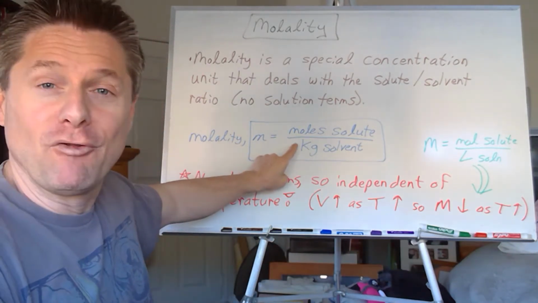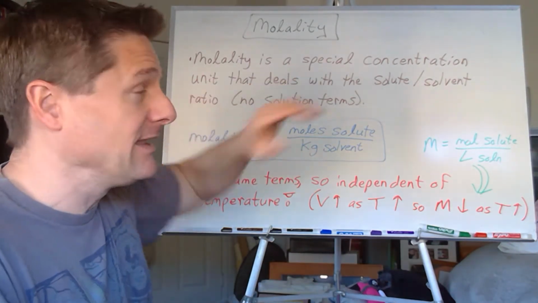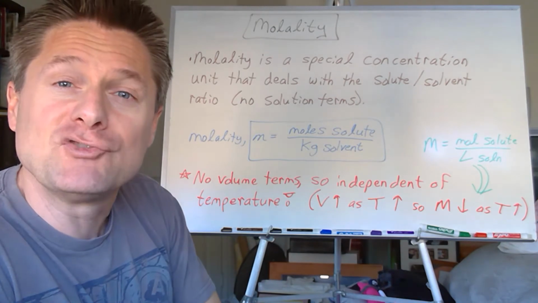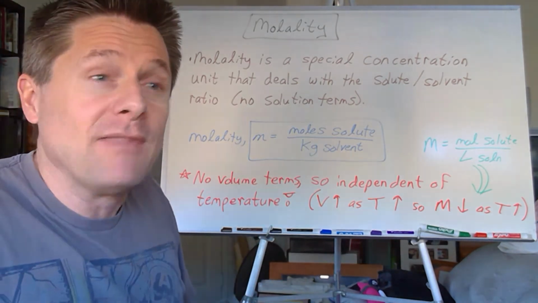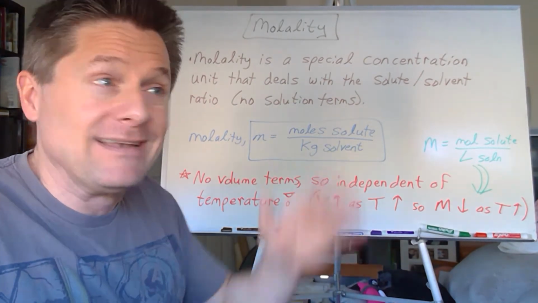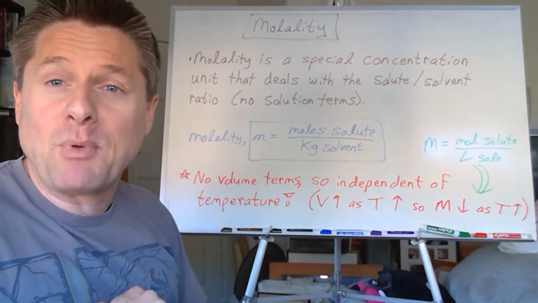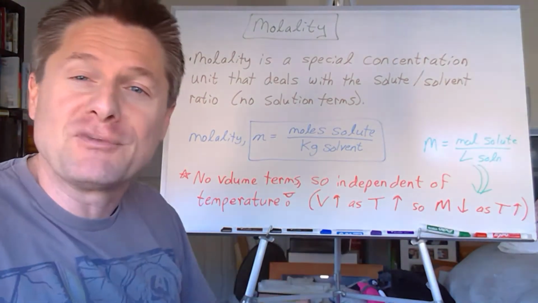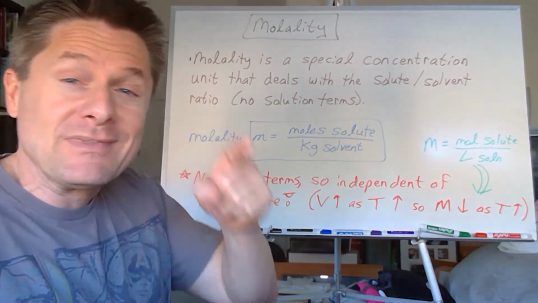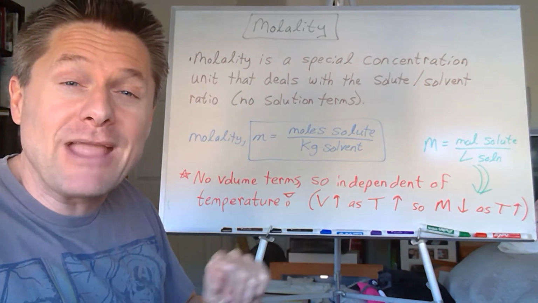So beautiful thing there. And because we're dealing with later properties of solutions that are temperature dependent, it'd be nice to use a concentration term that was temperature independent, right? Where it didn't matter. So let's do an example problem of molality just to get you used to it, and we'll pull in some review from first semester general chemistry units as well. Let's do it. Get your calculator ready and your periodic table ready.